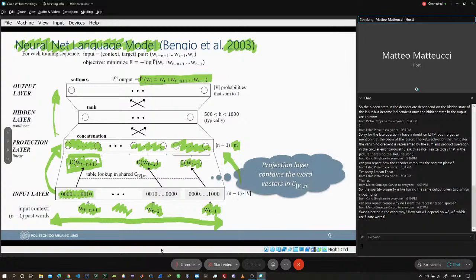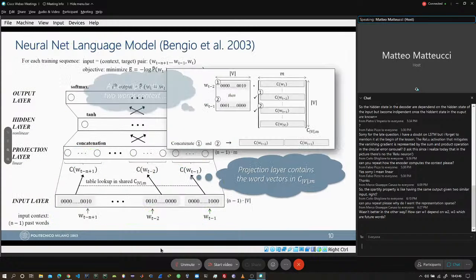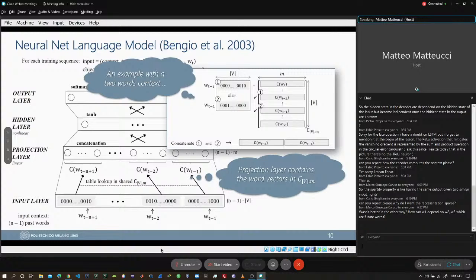The interesting thing is that this projection layer is what we would like to do, to embed our one-hot encoding vector in an m-dimensional space. Here you have the matrix C, which is m by the size of the vocabulary.